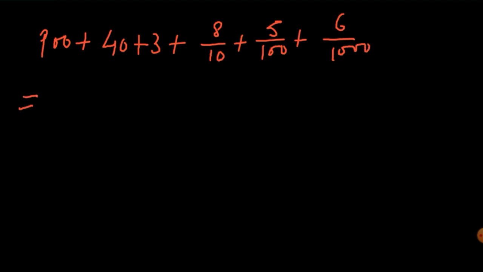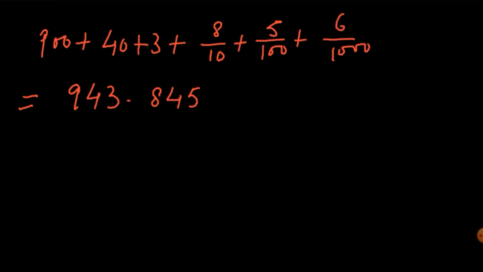So I have to write this number in short form. 900 plus 40 plus 3 means it is 943, because here the ones place is there, so the decimal part starts from here. This is 10, 100, 1000. Now students, see it carefully, as the denominators are in sequence, 10, 100, 1000, next will be 10,000. So you need to write the decimal number like this.